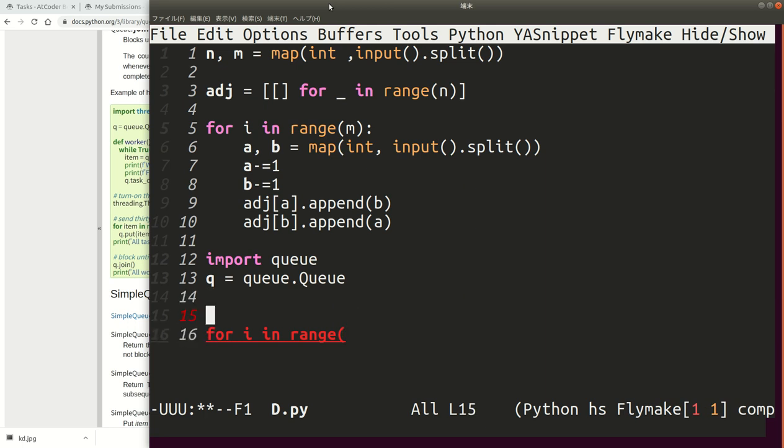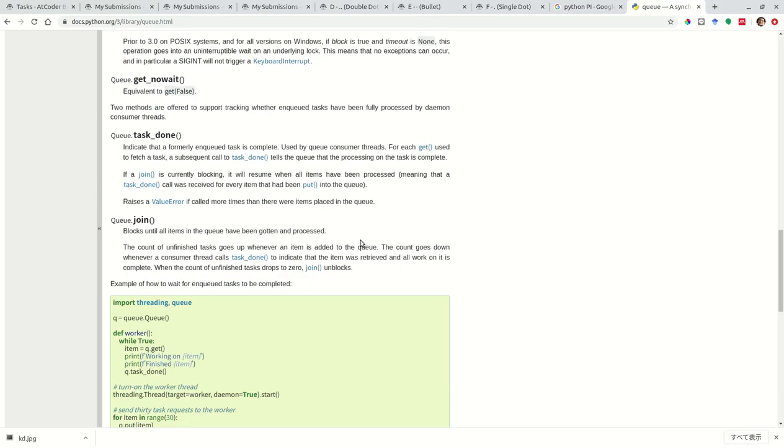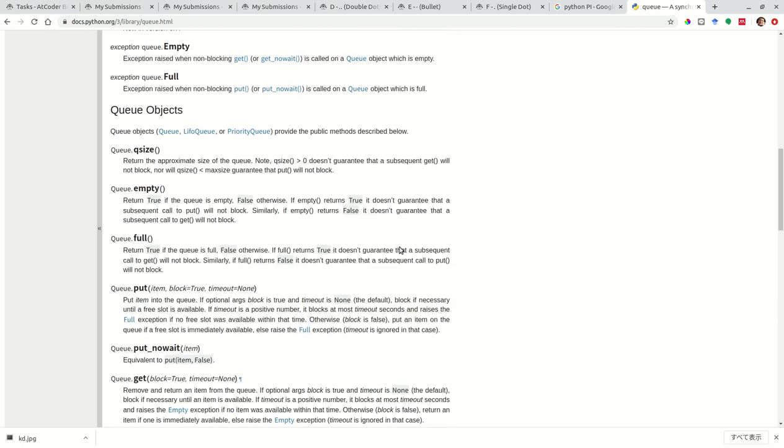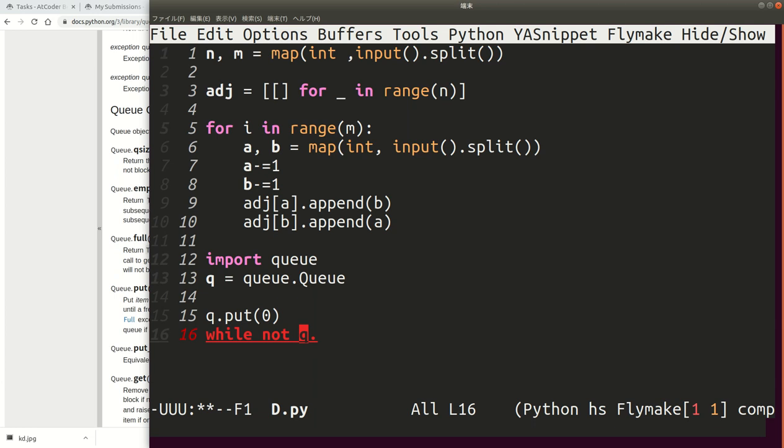Okay, so Q put 0. This is the starting node, and while this is not empty, is there an empty method? Is empty. I want to just check, is it empty or not? Yes, there it is. So if it's not empty, do something.